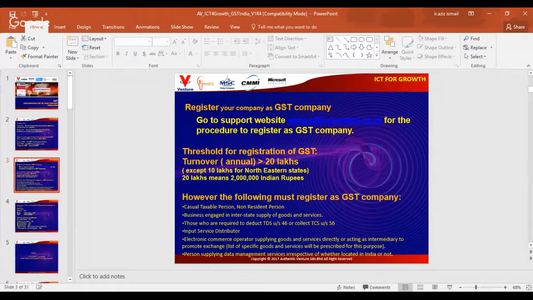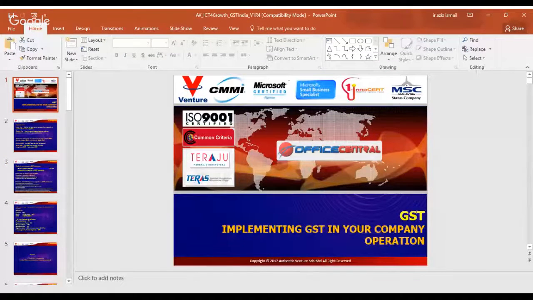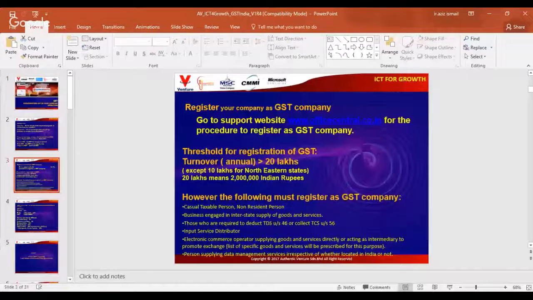If your business is engaged in the interstate supply of goods and services, you must register as a GST company. And the rest, you can read at the bottom there. But basically it is simple. If you are having an interstate business, then you must register as a GST company.